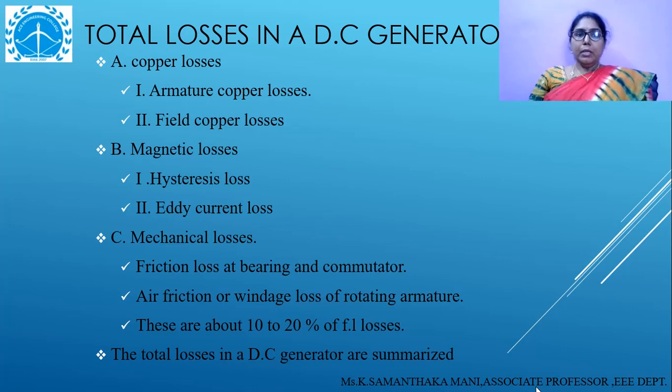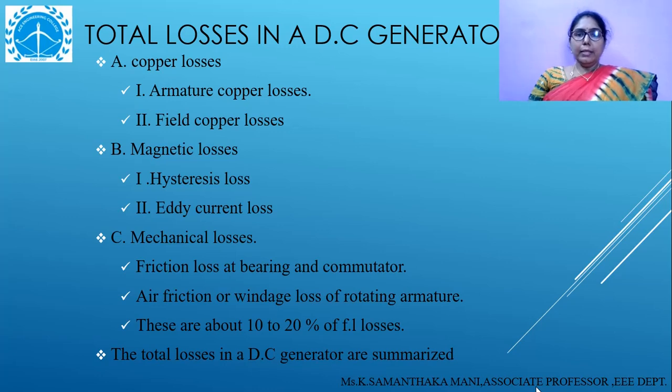And here, in the copper losses, the basic thing we need to understand is that wherever there is a copper conductor, or a conductor made with a conducting material, it will definitely have losses as and when current flows through it. So these losses are given by Ia square Ra, also termed as I square R losses.